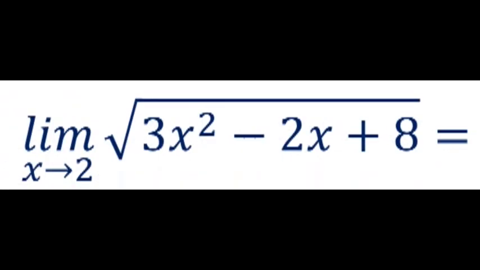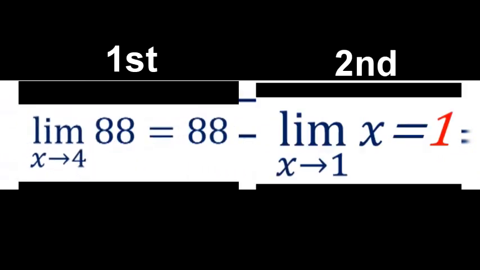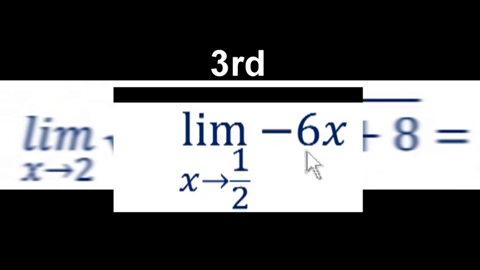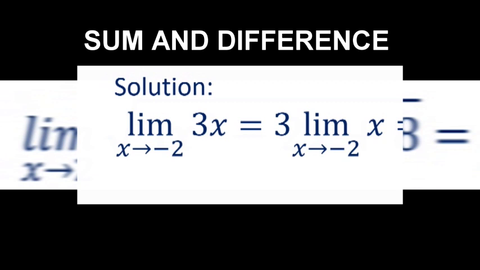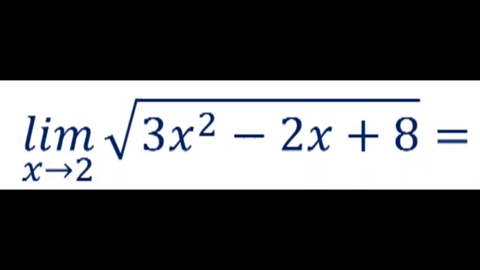Number 3. Limit of square root of 3x squared minus 2x plus 8 as x approaches 2. So it became more complicated, but the thing here is that you must know the previous theorems that I discussed. Okay, in here, the first step is that you're going to use the root of a function to get the limit. And then we have operations involved, sum and difference. That's why you have to separate all those functions. Okay.